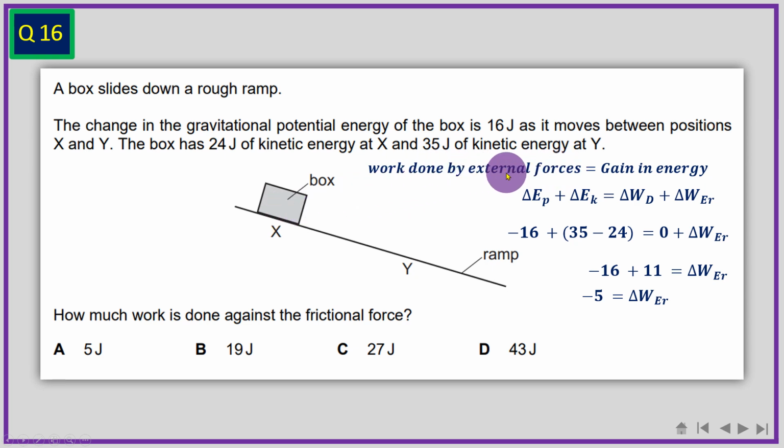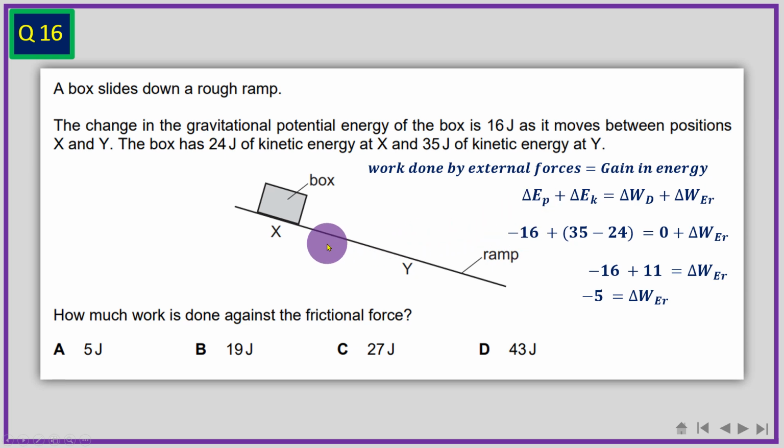So we can talk about the work done by friction force being equal to the gain in energy. So I can reverse this and now say gain in potential energy plus gain in kinetic energy is equal to the work done by the driving force plus the work done by the friction force. This is supposed to be F, friction force. Because this one is interpreted as a gain in potential energy, that is why there is a minus sign here.